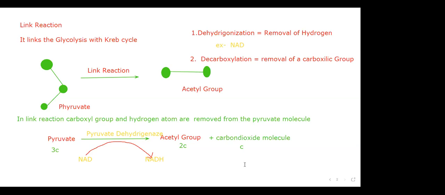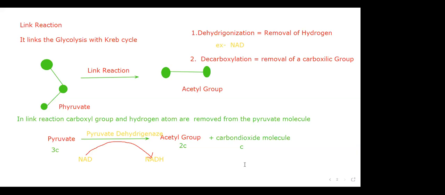Okay, so link reaction is the reaction that links glycolysis to the Krebs cycle. So in glycolysis, pyruvate molecules will be produced. It can't enter the matrix as pyruvate, right? It should convert to acetyl group. So this is conducted by 2 processes, dehydrogenation and decarboxylation.